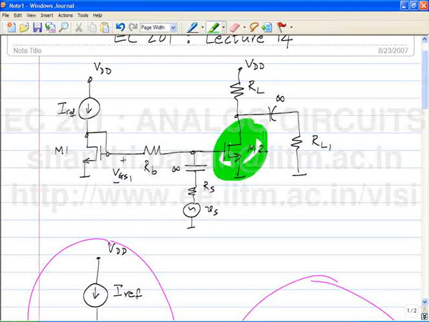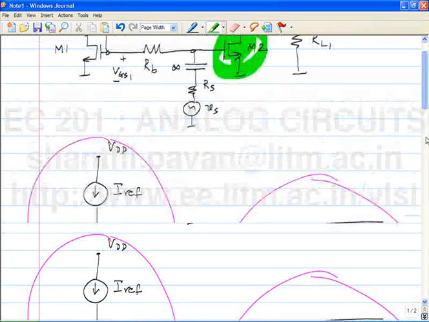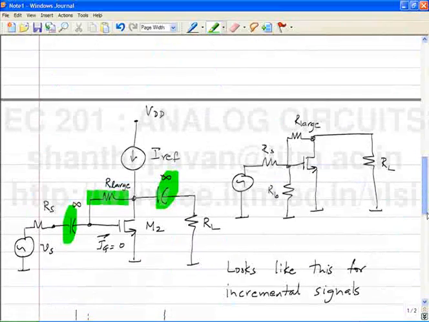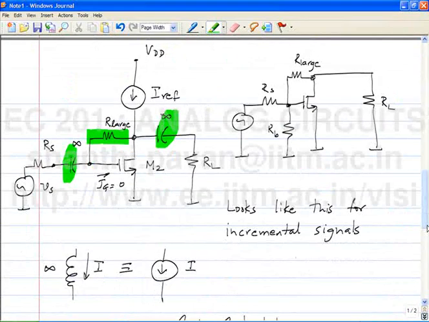Okay. But the key point to notice is that there is a lot of freedom in choosing the VDS of the device. So can you now look at this circuit and comment on the VDS of this device? What is the VDS of M2 in relation to VGS? It is exactly the same.